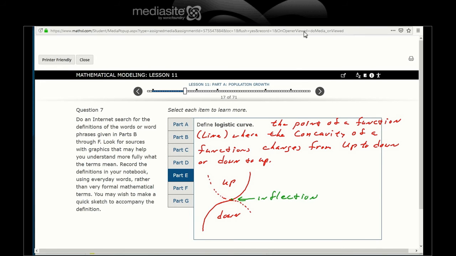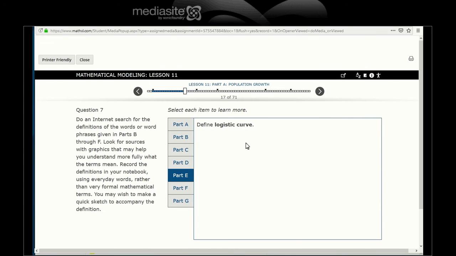Logistic curve. Okay. Why don't you put me on pause, and go research logistic curve. Hopefully you took some time and looked it up. A logistic curve is a variation of an exponential.